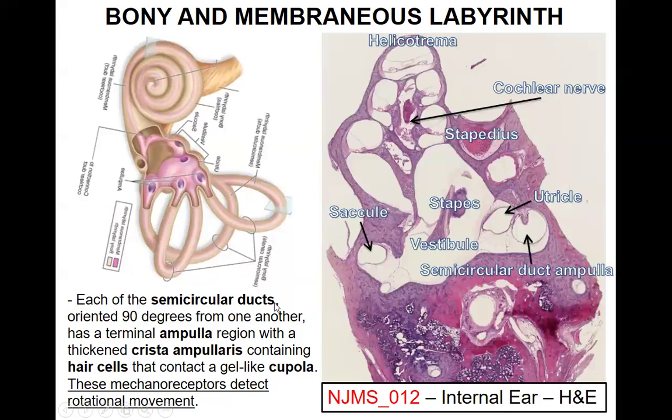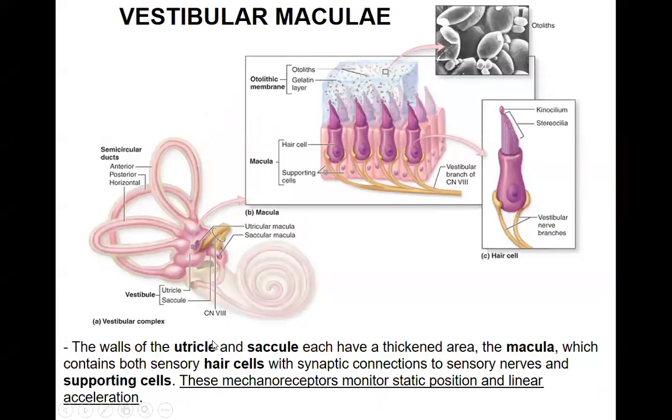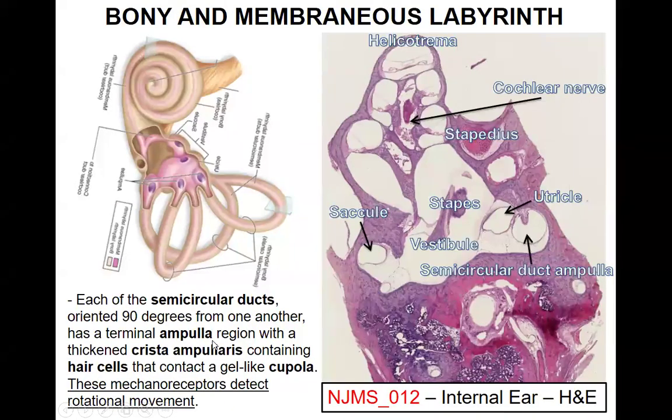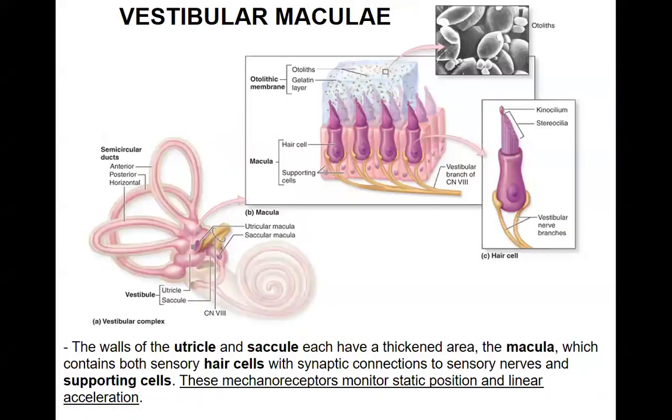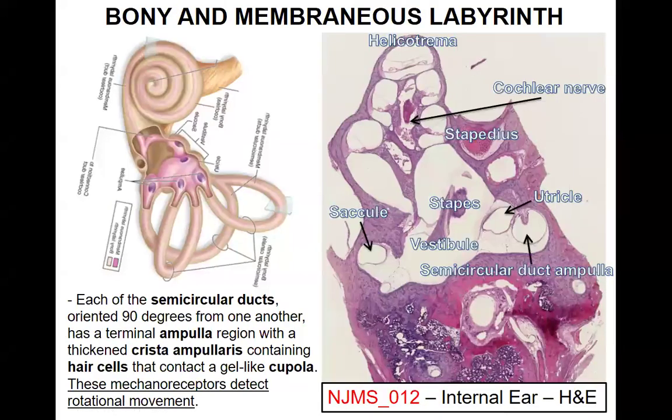Each of the semicircular ducts, oriented 90 degrees from one another, has a terminal ampulla. You should remember these names: macula, ampulla, saccule, and utricle. The terminal ampulla region has a thickened crista ampullaris containing hair cells that contact a gel-like cupula.